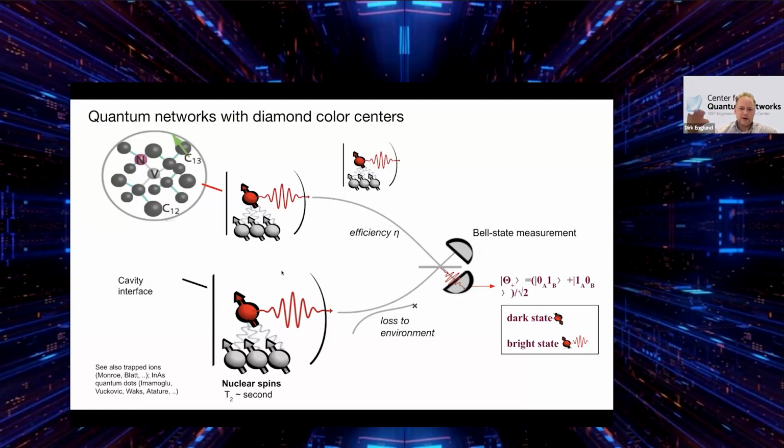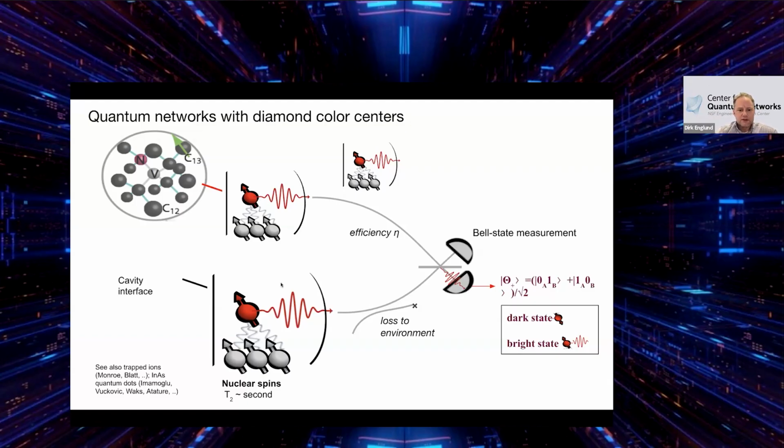In one spin state, the optical field doesn't interact with the optical transition, and in the other spin state, it does interact with the optical transition of the color center. This is why, when you reflect an optical field from an atom, or you have some optical interaction with an atom, you can entangle the optical field with the internal state of the atom.